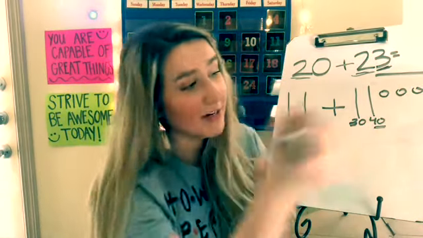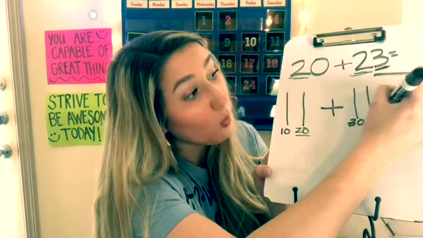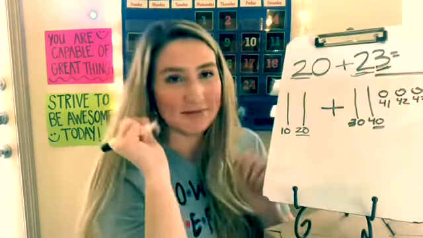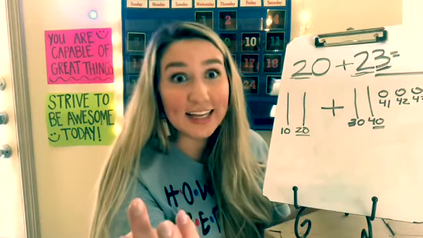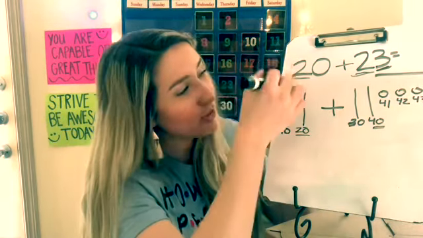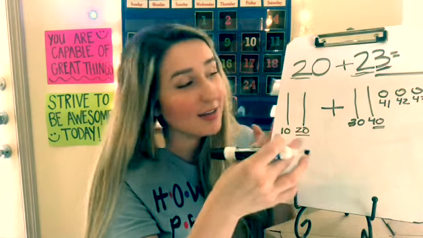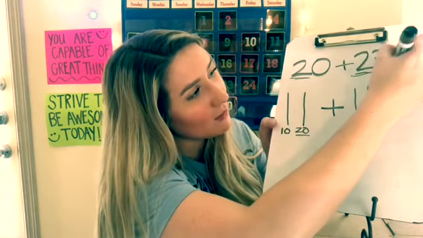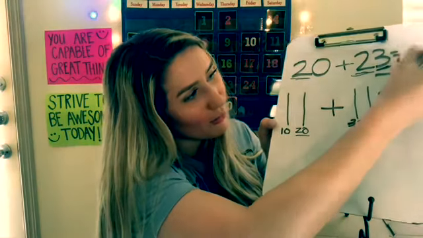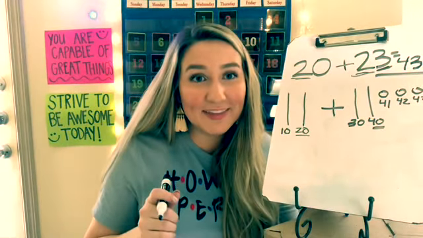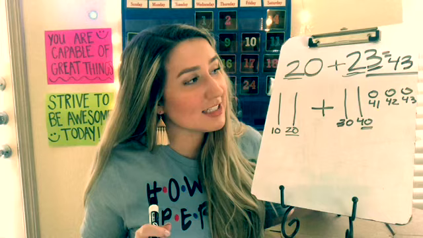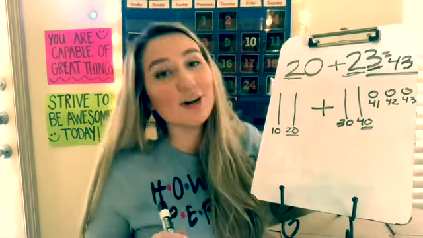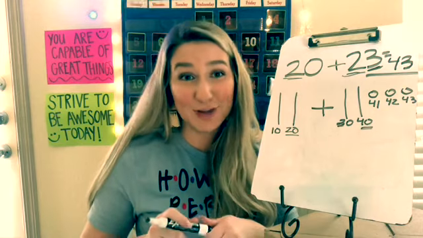So let's count on. 41, 42, 43. Okay, and that's it. You're all done. So when you add 20 plus 23, you get the answer of 43. Okay? So your equation should look like this. 20 plus 23 equals 43 miles traveled.